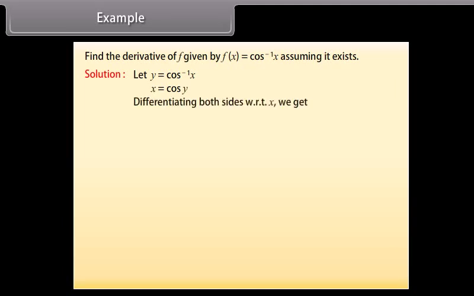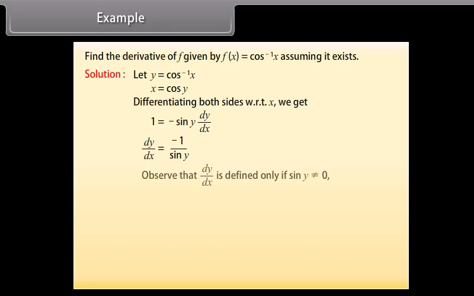Differentiating both sides with respect to x, we get 1 is equal to minus sin y into dy by dx. dy by dx is equal to minus 1 by sin y. Observe that dy by dx is defined only if sin y is not equal to 0, that is, y belongs to 0, pi.